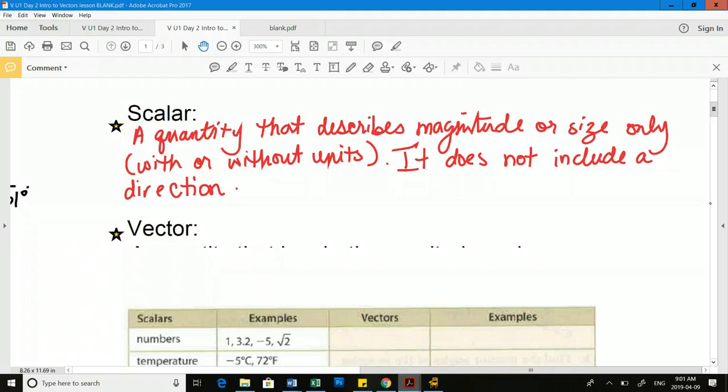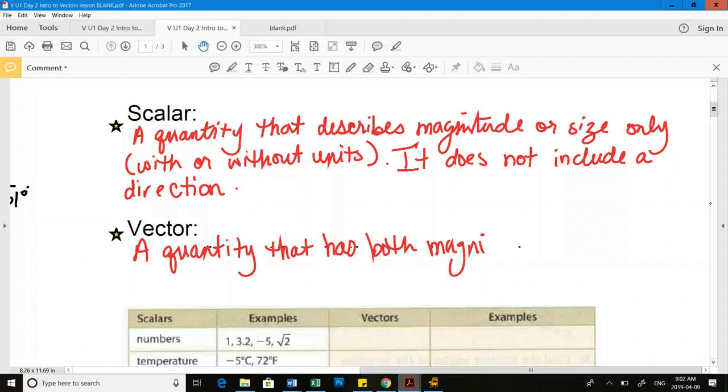Okay, a vector is also a quantity, but it has magnitude and direction. So the biggest difference is a vector has direction as well as a magnitude, whereas your scalar does not have direction, it just has a magnitude.